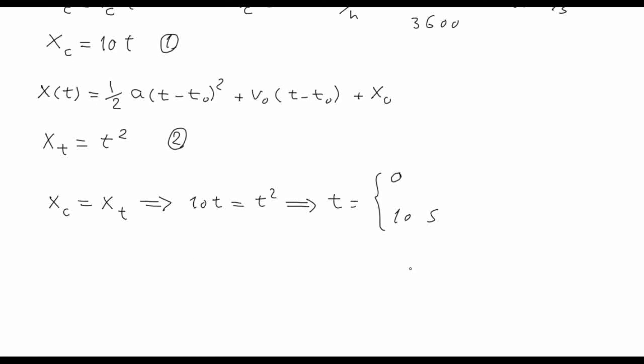So, if you substitute t equals 10 in relation 1, you can get the position of the truck and car when they meet each other again. That is 100 meters.